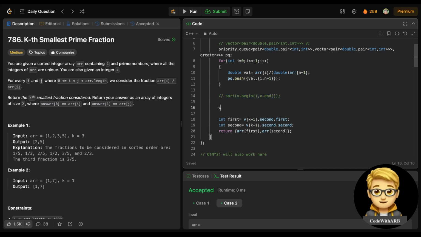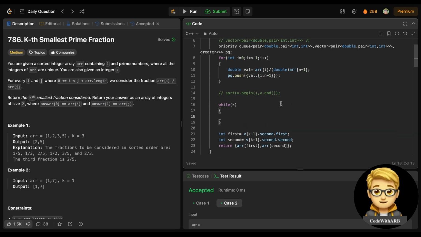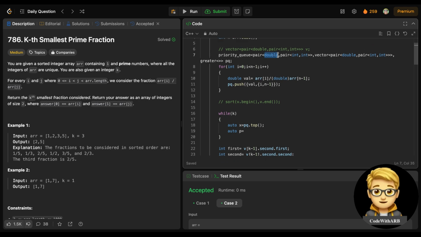Now what I will need to do, we will need to iterate k times, right? And we will pop this out. So what we need to do, we will take the top element. Okay, let's not remove it now. We will find the top element. So the first is value and second is the pair itself.